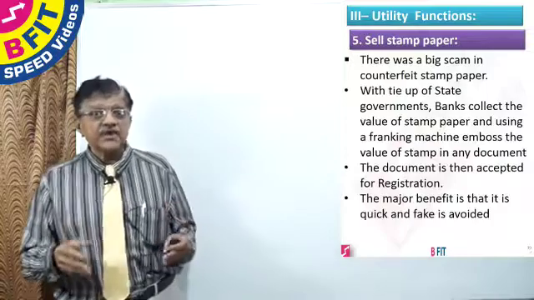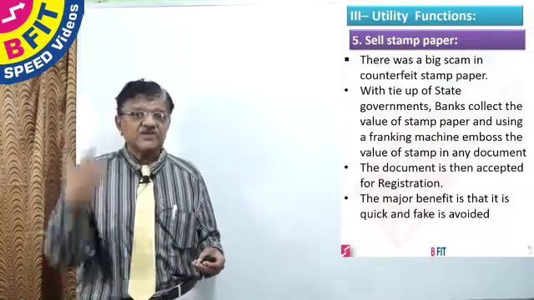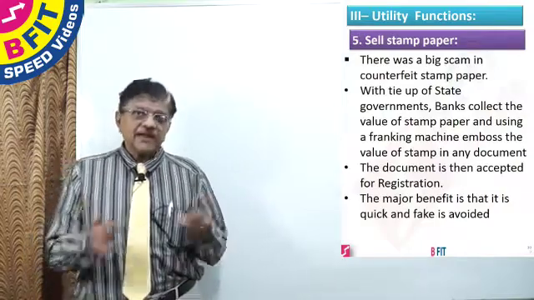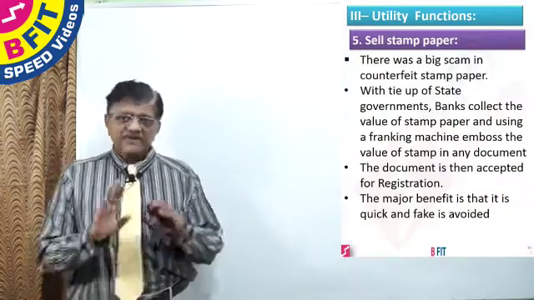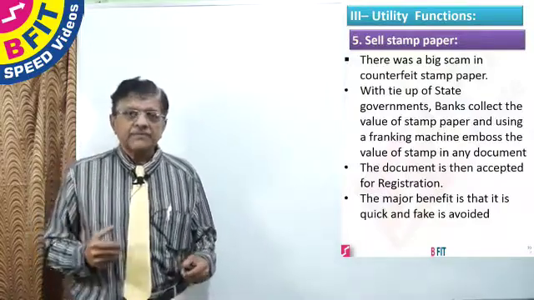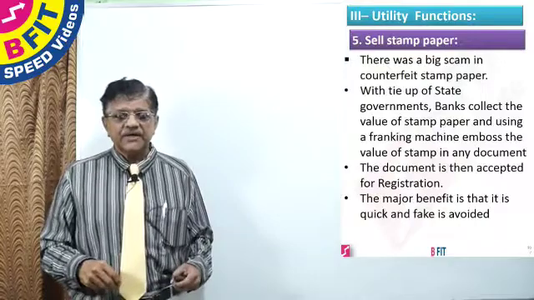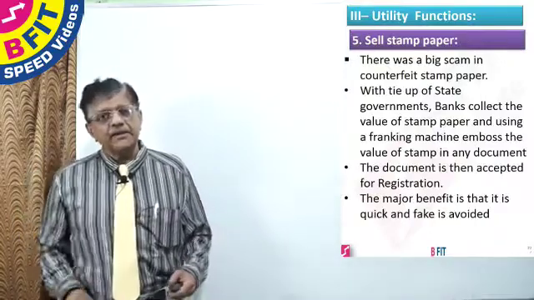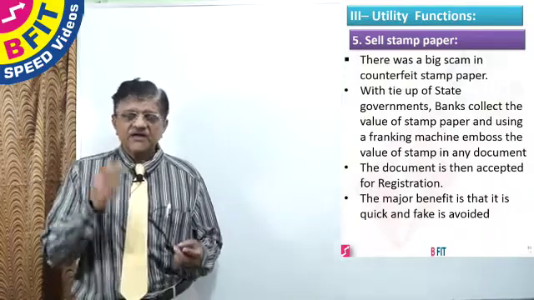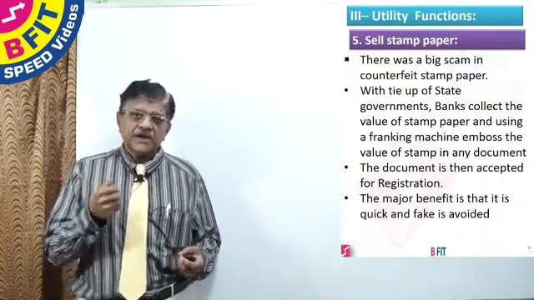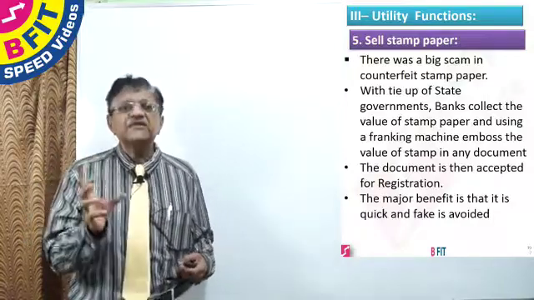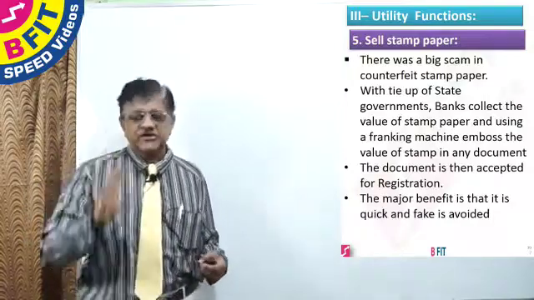The real problem today is that if you buy a stamp paper, you don't know whether it is fake or not. So, to avoid all this confusion, you don't buy stamp paper. You print the sale deed on bond paper without any stamp. Then you go to a bank approved by the government of Maharashtra, and the government of Maharashtra will affix its own stamp for having received the money through a franking machine.